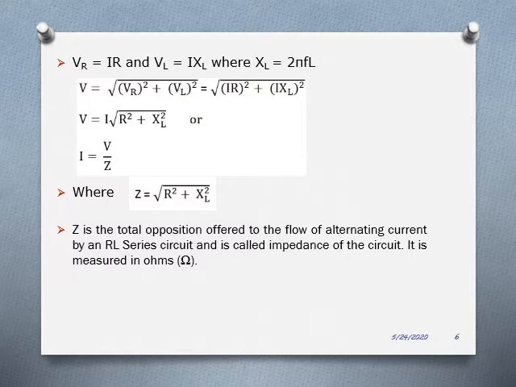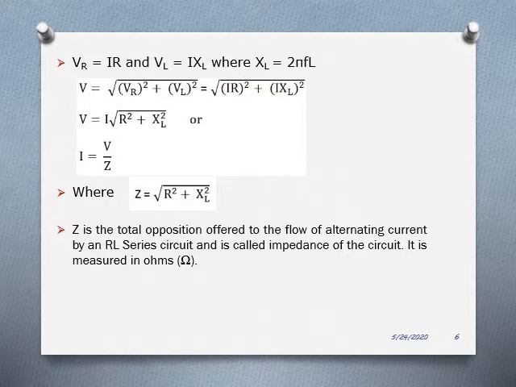So the total voltage, as we discussed earlier, V is equal to square root of VR square plus VL square, that is square root of (IR) the whole square plus (I XL) the whole square. If you take the current term I outside that square root, you get I into square root of R square plus XL square, that is nothing but Z. So V is equal to IZ, that will be the total voltage.